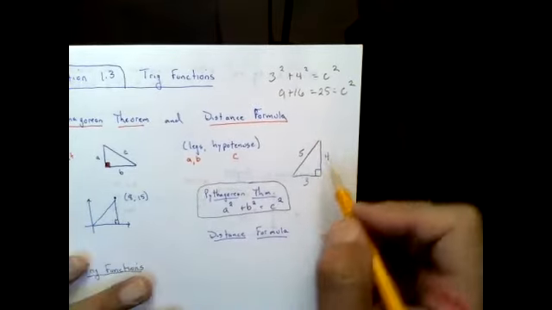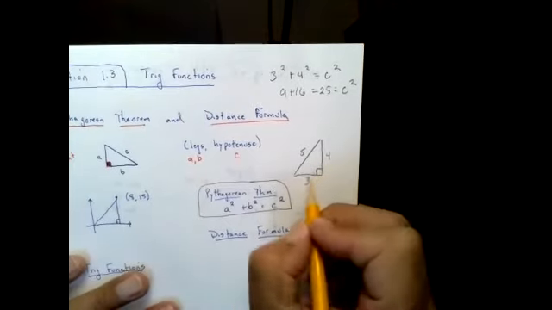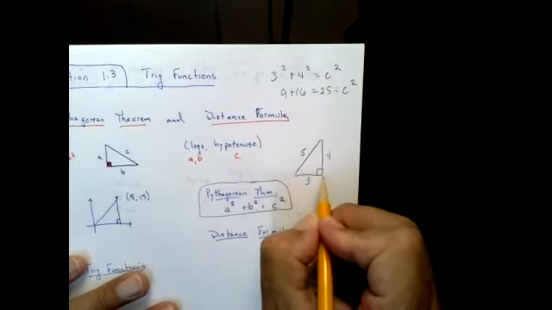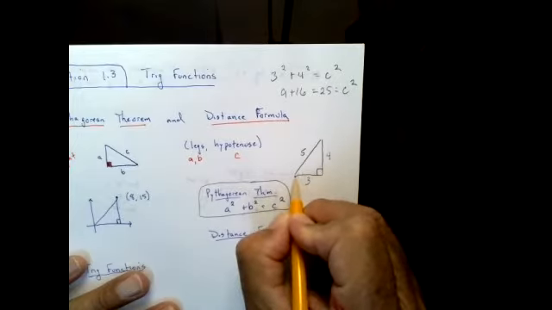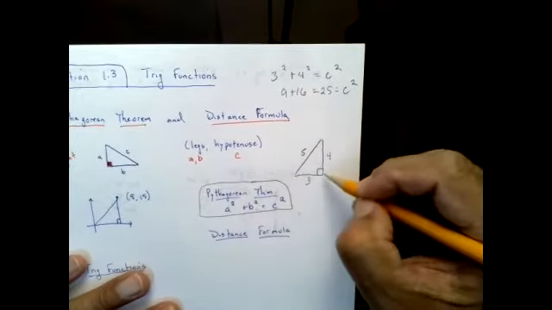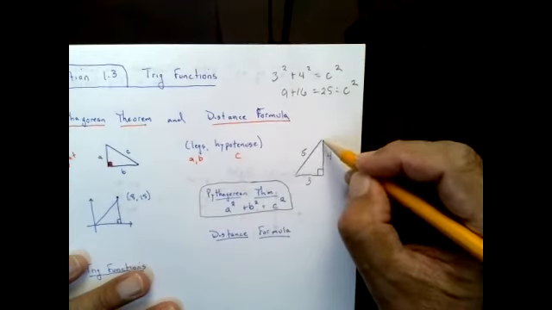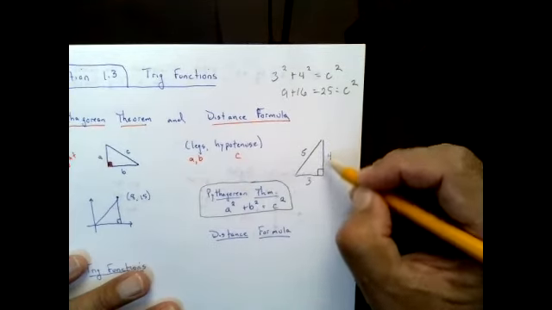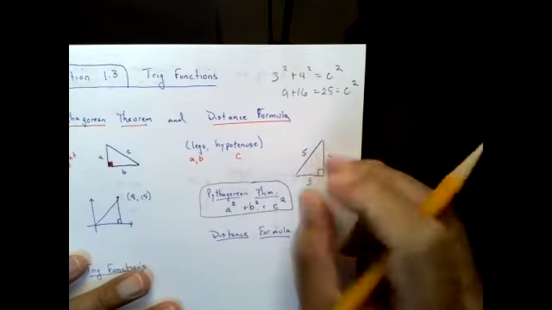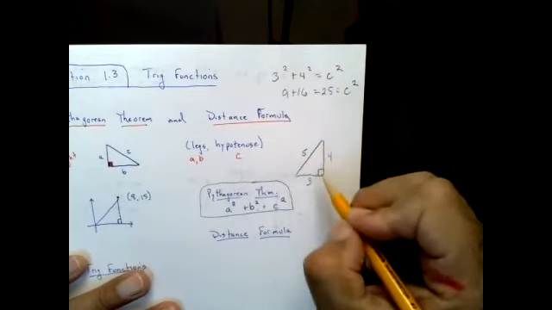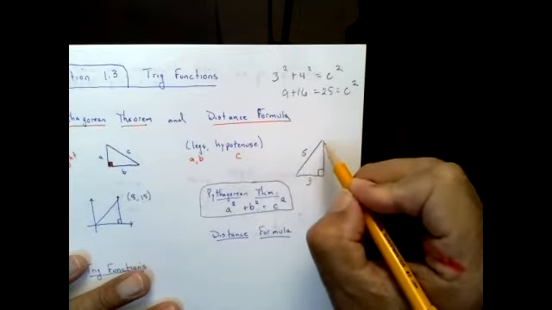So he takes his ruler and measures over 3 inches or 3 feet and puts a mark. Then he measures up this way and puts a mark after 4 of the same units. Then he adjusts this corner until it's 90 degrees and this length is 5.